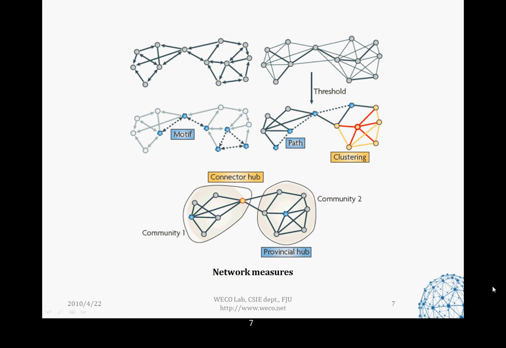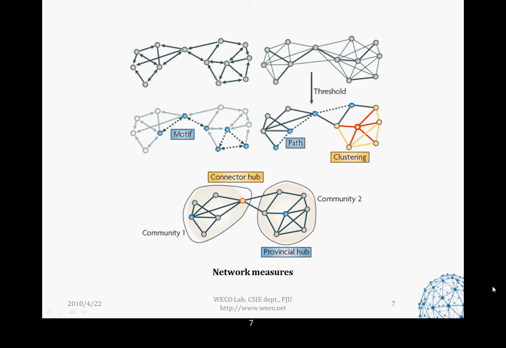We also see here that we have a threshold, so we can see the gray line and the black line. The gray line represents the weak link, like the weak tie in a social network.